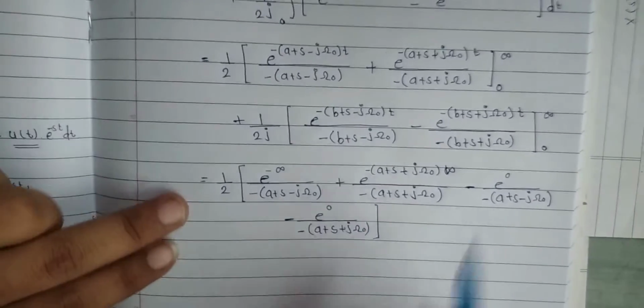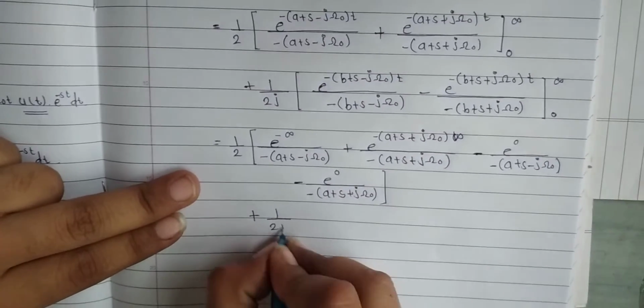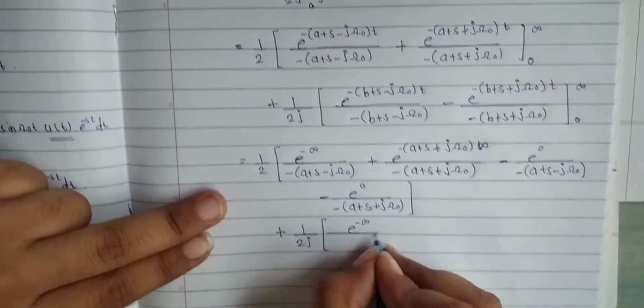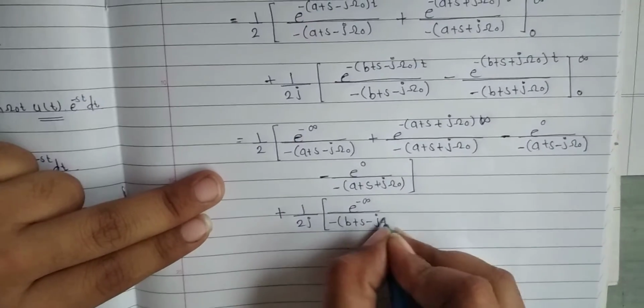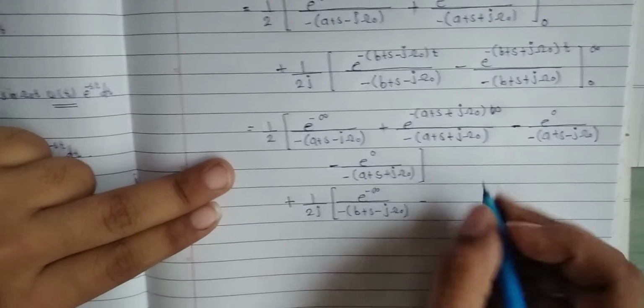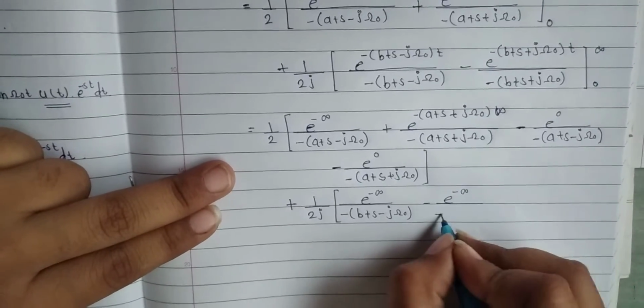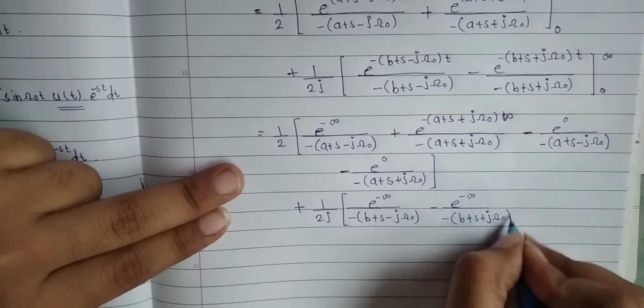Now I substitute the limits into the second bracket, so it becomes plus 1 upon 2j e raised to minus infinity divided by minus of (b plus s minus j omega naught) minus e raised to minus infinity divided by minus of (b plus s plus j omega naught).